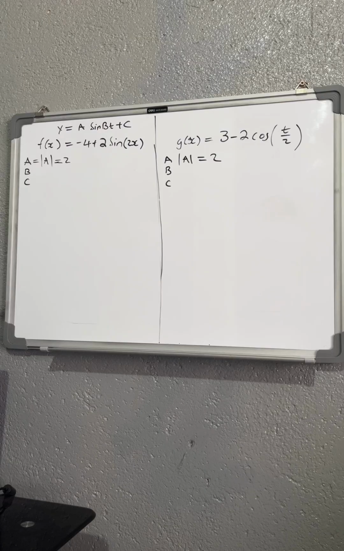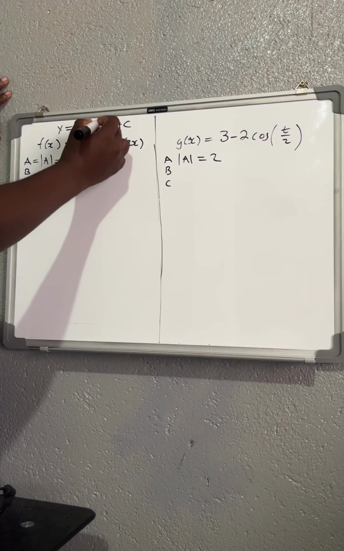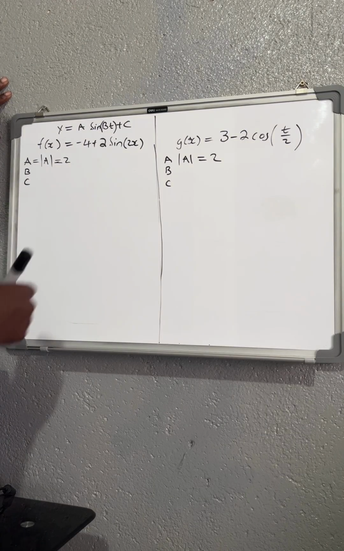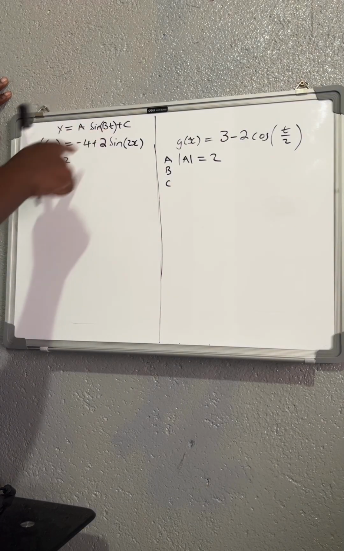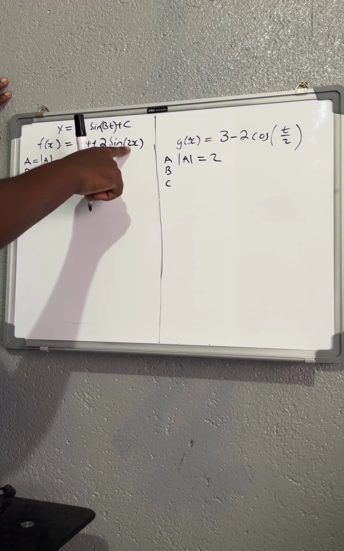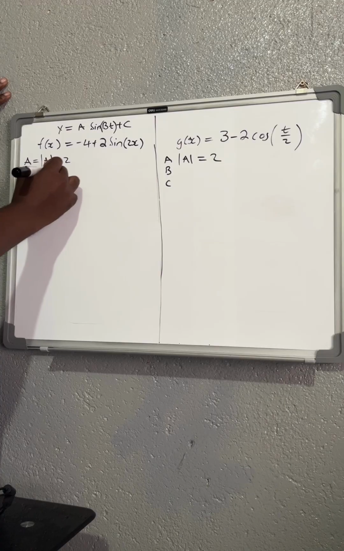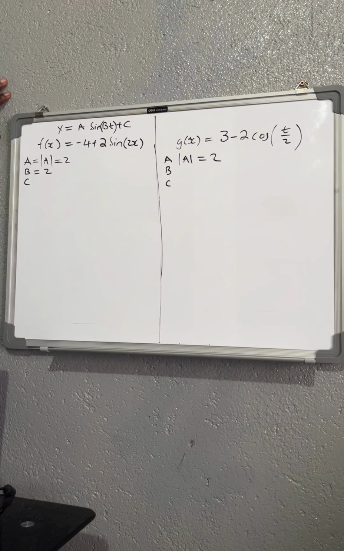So if we know our B, it's also going to help us to calculate our period. Our B is here, as you can note. So our B is this one. This is the same as having bt, but here we have 2x. So it means here you can just say you have 2.